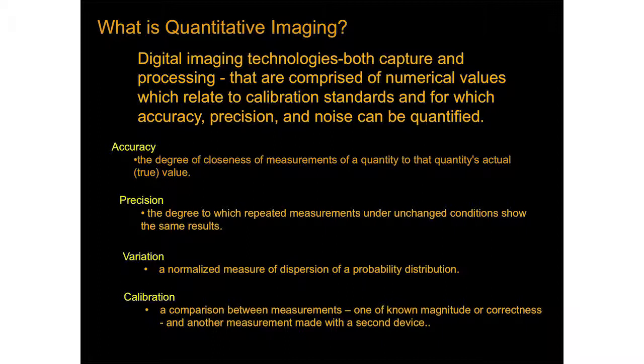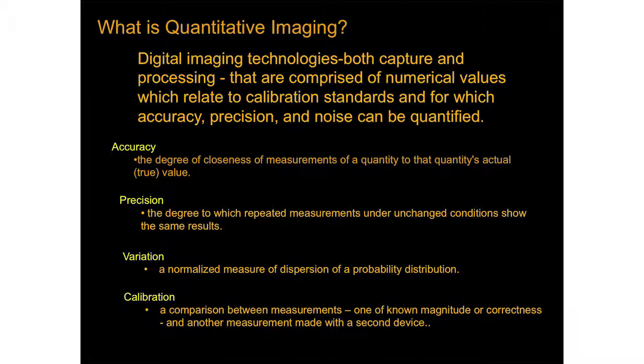And that the variation of the instrument, the sensitivity of the instrument, is quantified, so that we know any measurement below the sensitivity of the instrument is just noise or variation, but that values above the variation may very well be quantitative change in condition, or whatever factor you're trying to measure with quantitative imaging.